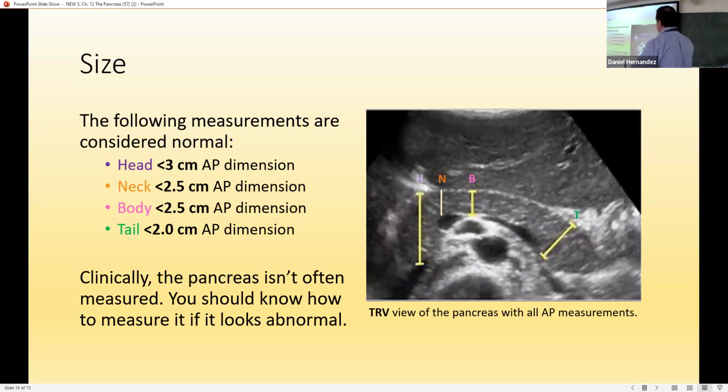That can be due to potential fatty infiltrate or potential fibrosis of it. If it's a really young patient, it might look a little more hypoechoic, but it's usually pretty similar to that of the liver echogenicity, maybe slightly above.